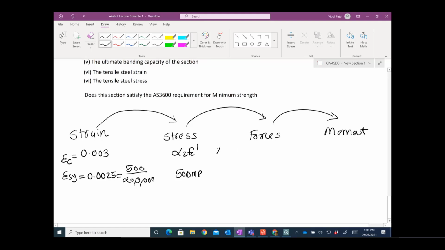Once you know the stress, you multiply by the area of the concrete or the area of the steel, and if it is compression, you can get the forces. Once you know the force, you multiply by the respective distance, let's say DC, D, and so on, so you can calculate the MUO. That's the overall procedure.